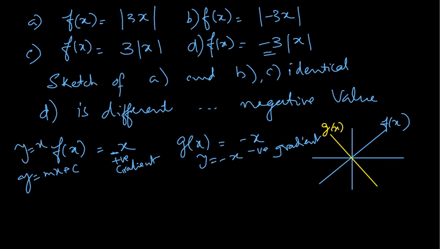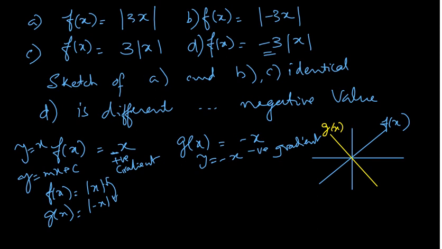So what we understood is that it's basically shifted, that is, without the mod. If you have a mod, both are the same. That means if I have f of x equal to mod x and g of x equal to negative mod negative x, we just saw that, both are exactly the same. The graphs will be the same, positive. But if I have this negative number outside, how does it translate?